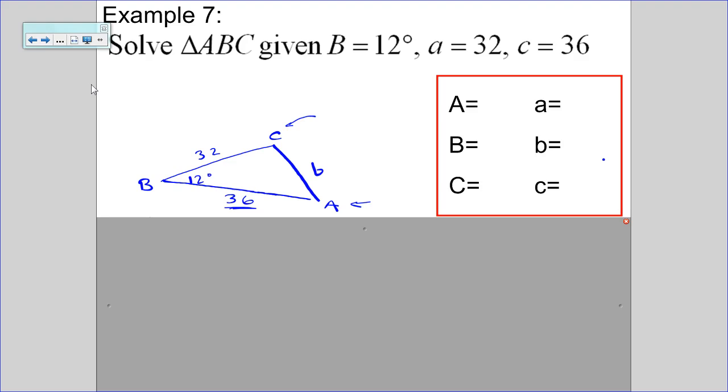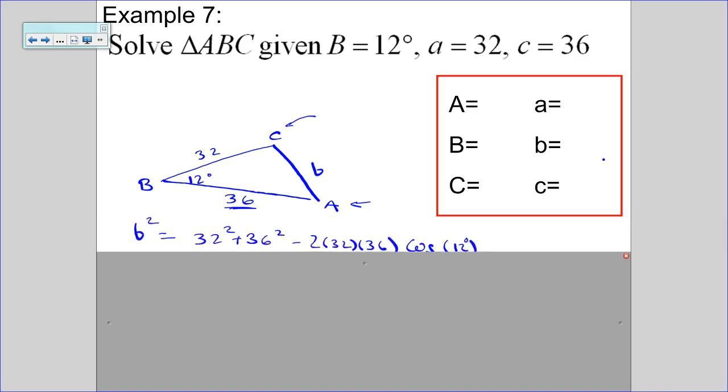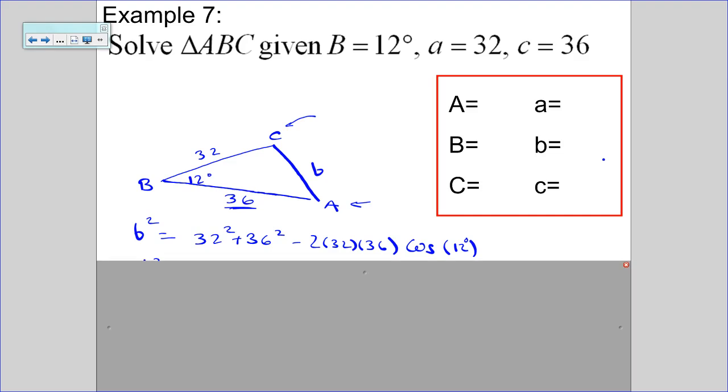Now, what I don't know here is B. When I'm given an angle, all I'm going to be able to do is to find B by plugging in the angle. So by coincidence, I am using that same formula as last time with the b squared equals.